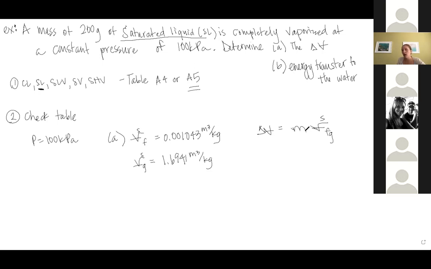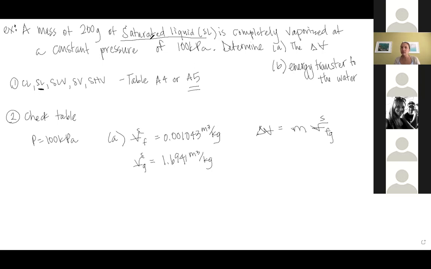Because if you remember, specific volume times mass is equal to volume. Volume over mass is equal to specific volume. And we have this saturated liquid that's being vaporized. So we have this liquid vapor region that's occurring.